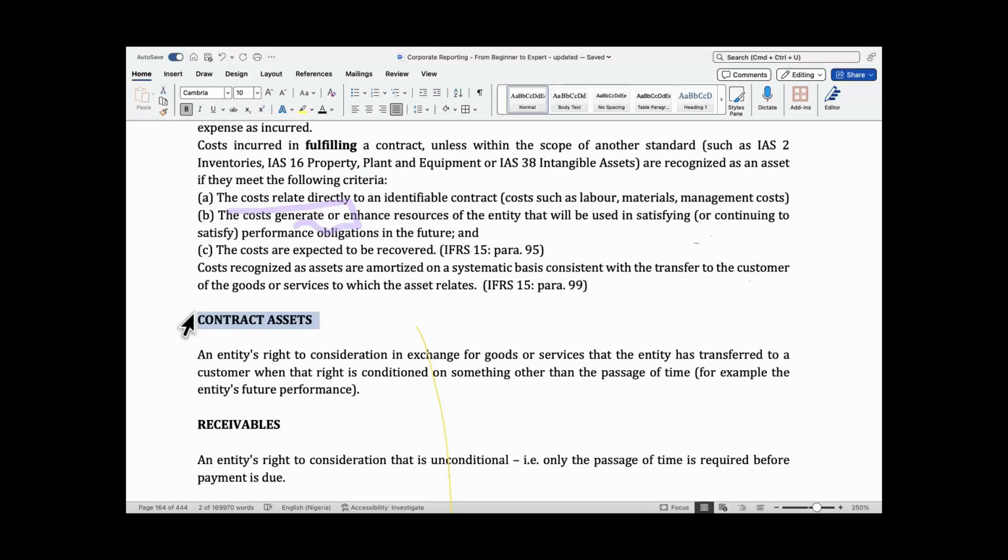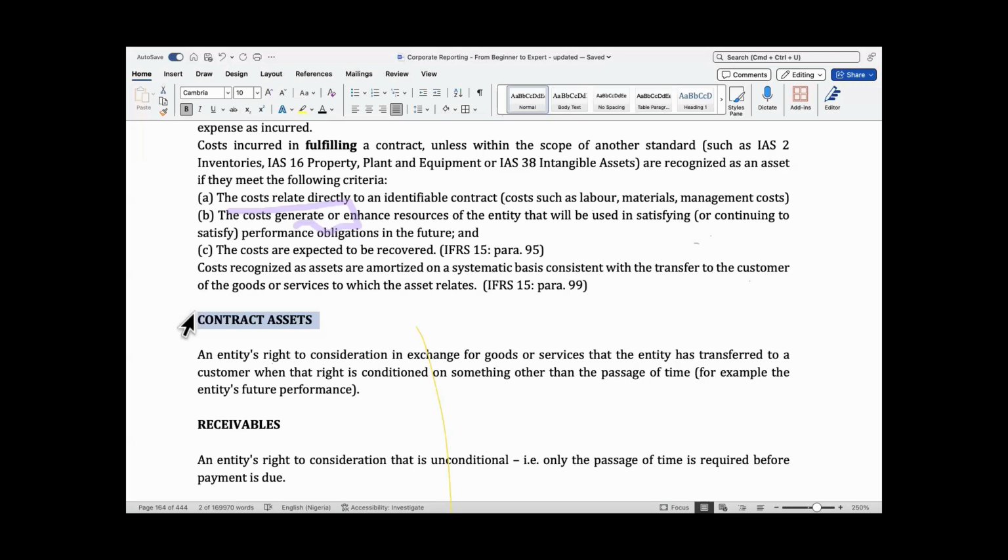You have delivered the service, you have done your work, and you are expecting money from the customer, but the customer expects that you are going to do one or two things for them. Probably the customer is expecting an invoice from you. Probably the customer is expecting something in the contract that you have not done. Yes, you have delivered the service, but your money is still conditional on some other things other than passage of time.